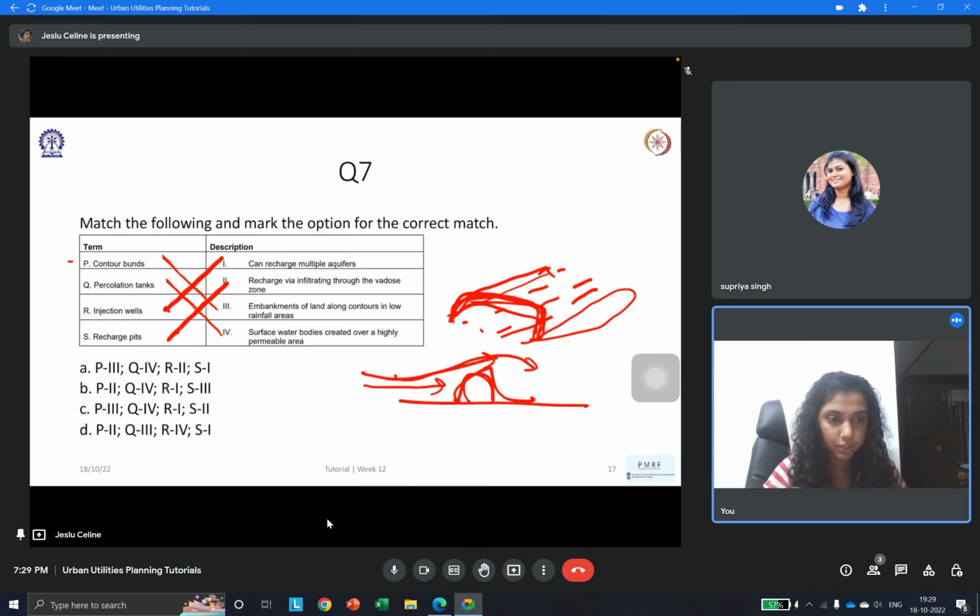For percolation or infiltration to happen, when you have something like this, there is more infiltration because something is holding the water there. So those are the two things. Then you have the percolation tank.